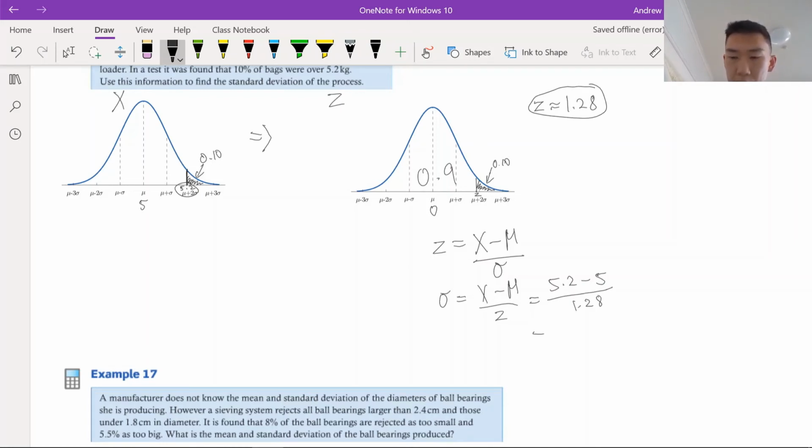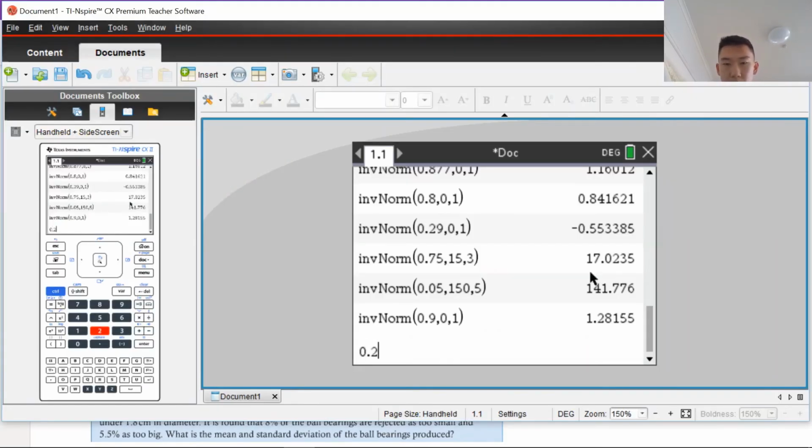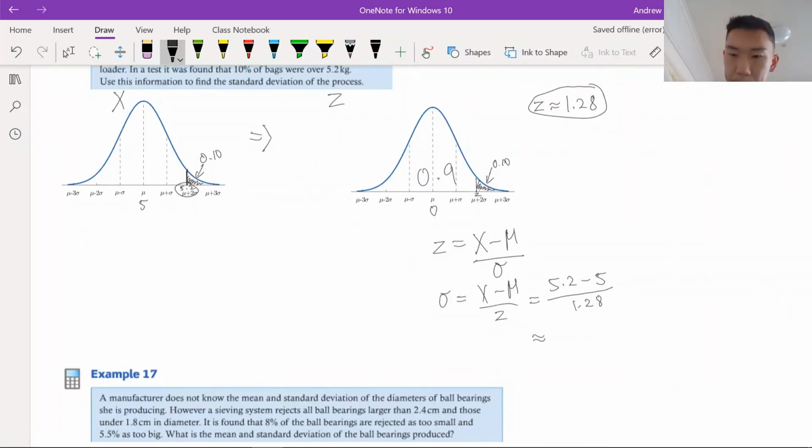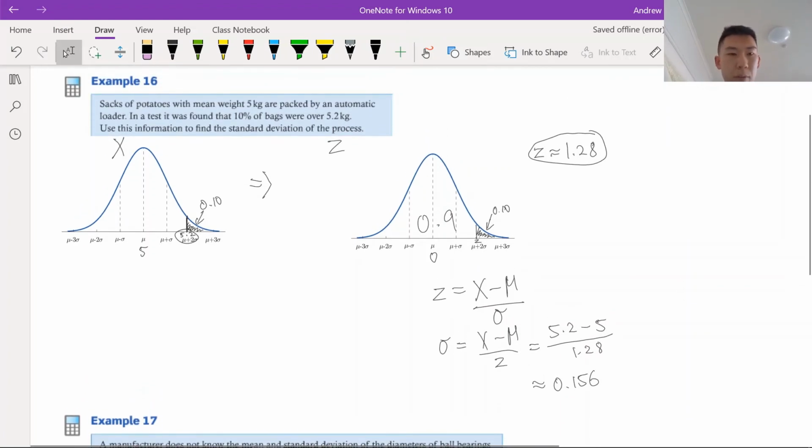So if we just solve this, the standard deviation is approximately 0.2 divided by 1.28, 0.156. And that's how you can approach questions where, say, the standard deviation or the mean is missing. Use the standard normal distribution to help you.